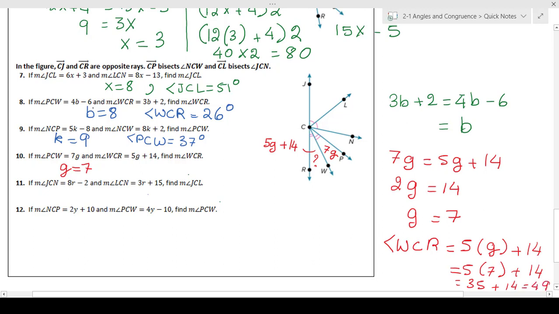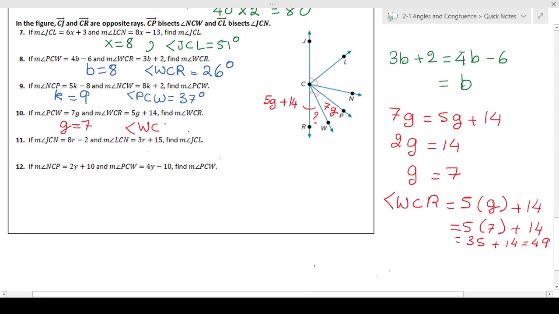So my angle WCR is equal to 49. And I would have got it easily. The two angles are equal, so I can just bring it from 7G equals 7 multiplied by 7, which is 49 still.